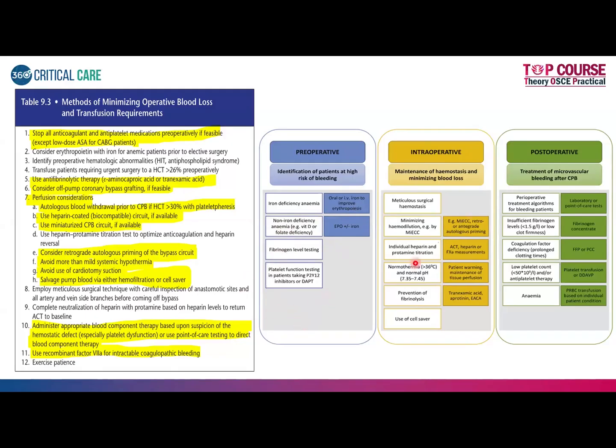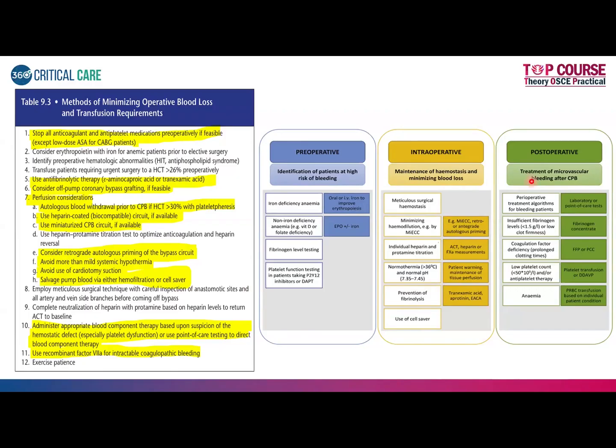Those are needed. Intraoperatively, one needs to maintain hemostasis, minimize the hemodilution, individualize the heparin protamine titration, not a fixed 1:1. Normothermia needs to be maintained, prevention of fibrinolysis, use of tranexamic acid, and use of a cell saver. Salvage pump blood via either hemofiltration or cell saver is needed.